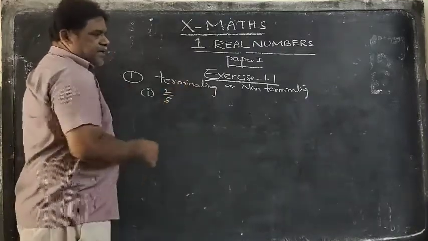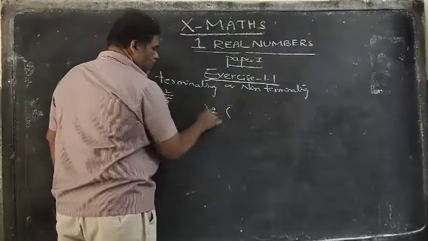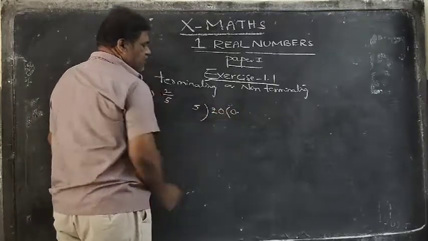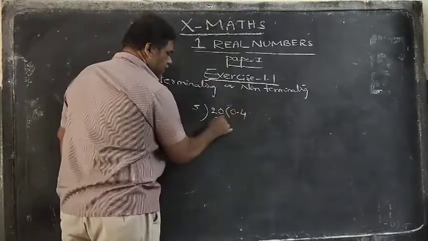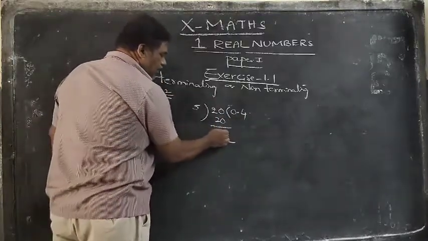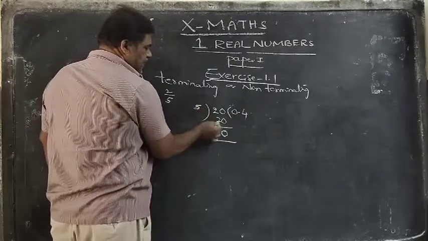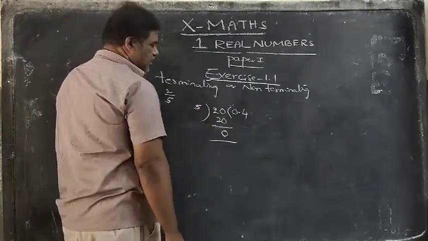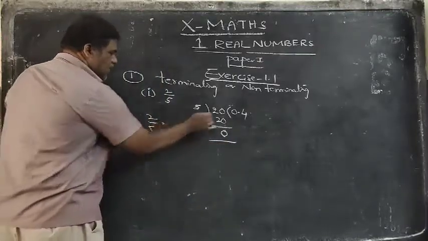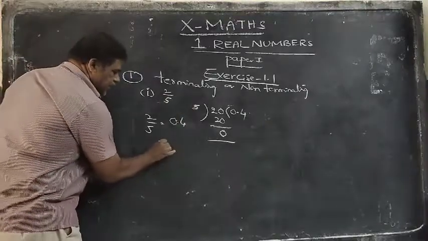Terminating means if you divide, the division process should stop, it should end. Dividing 2 by 5, 5 is greater than 2, so write 0 point and keep 0 here. 5 fours are 20. So the remainder we got is 0. When the remainder is 0, the division process is stopped. So 2 by 5 is 0.4. It is a terminating decimal.